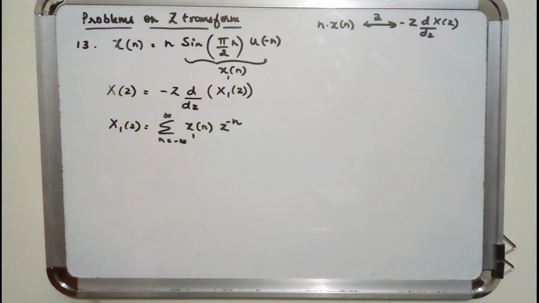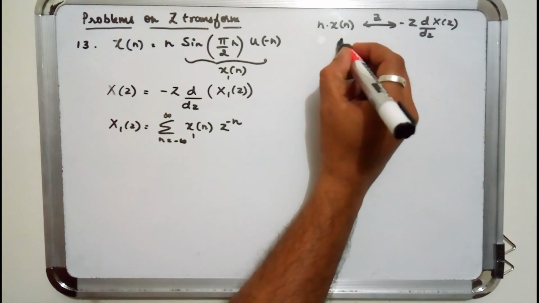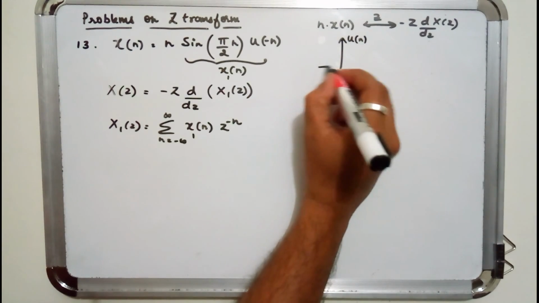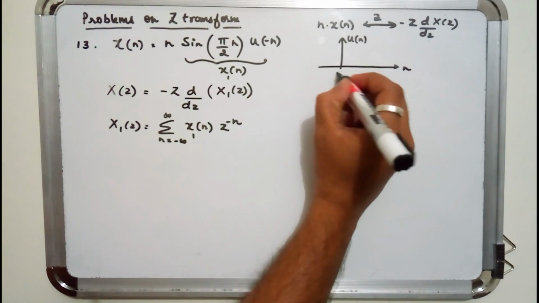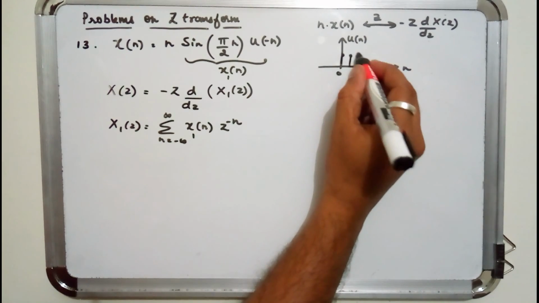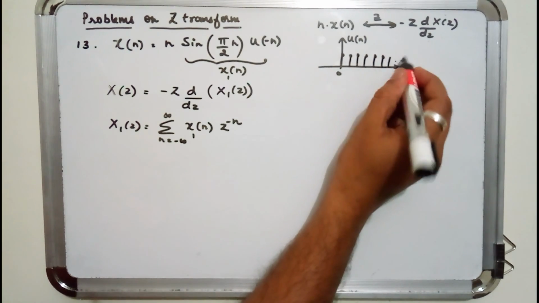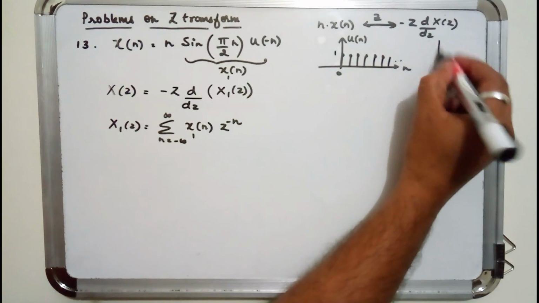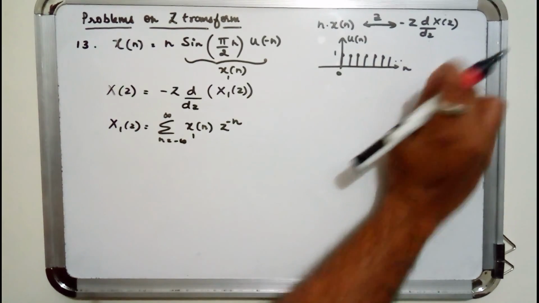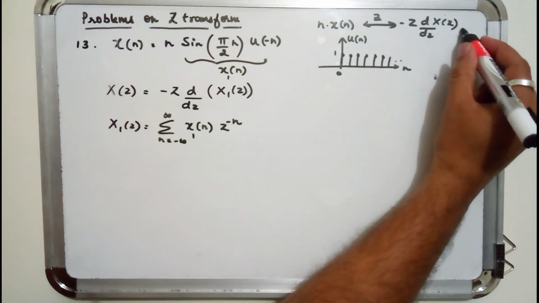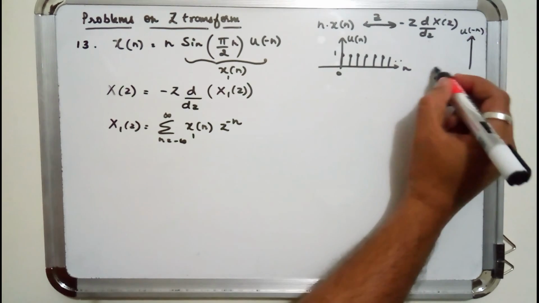Now what is u of minus n? See, we have u of n to be a waveform which starts from 0 and reaches infinity, right? U of minus n is the reflection of u of n.